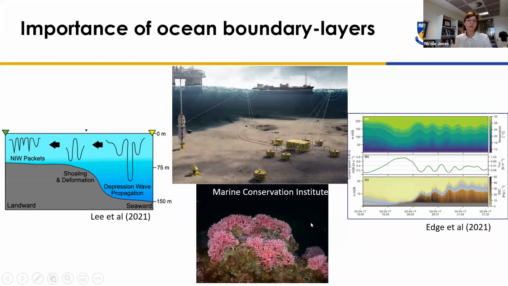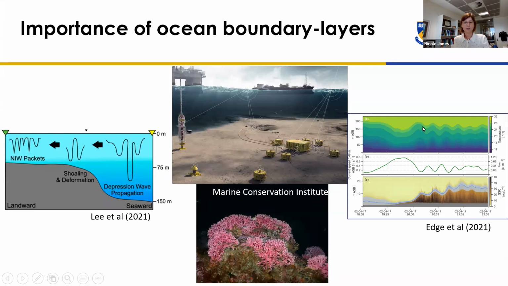It's also important from a biological point of view, because the boundary layer can both enhance and also prohibit mixing. And so if we think about organisms that are trying to survive within this bottom boundary layer, the process of mixing, for example, particles down to our deep sea corals, relies on mixing across the water column and all the way down to the bottom boundary layer.